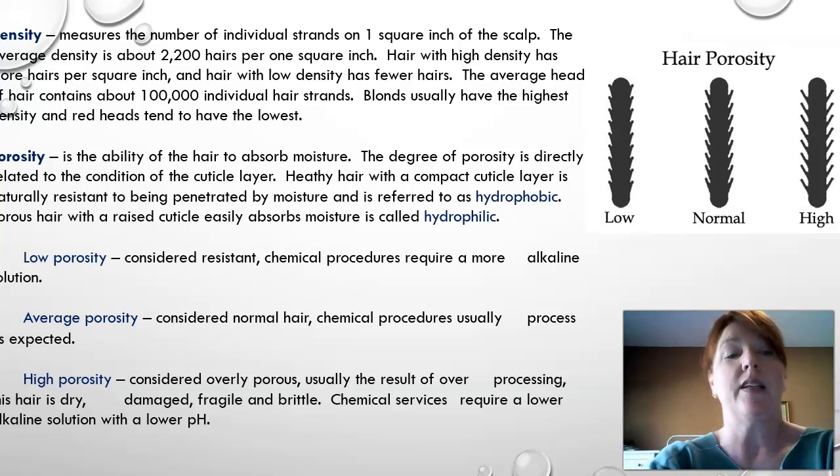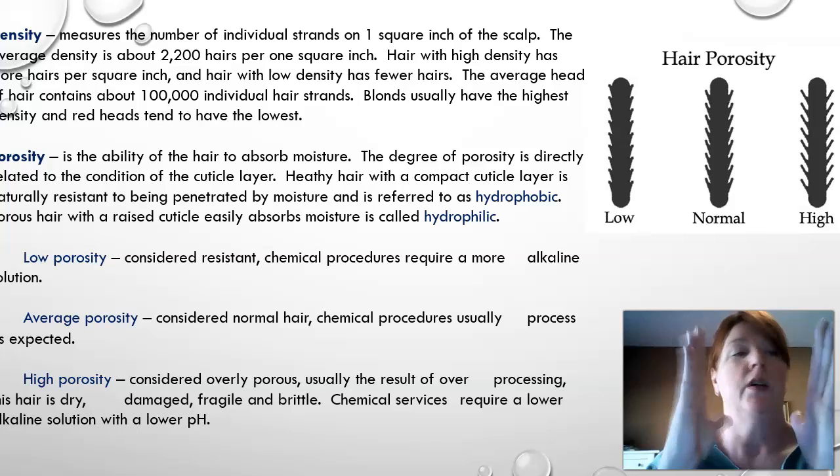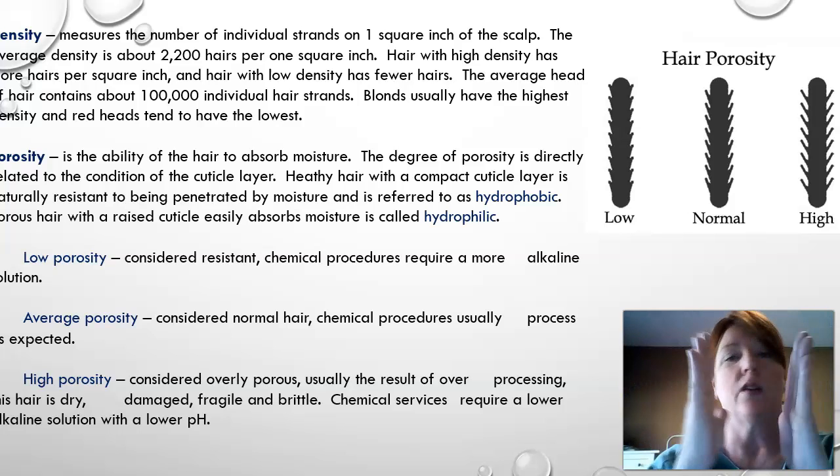Porosity is the ability of the hair to absorb moisture. The degree of porosity is directly related to the condition of the cuticle layer. Healthy hair has a compact cuticle, meaning all those scales fit tight, they're nice and smooth.